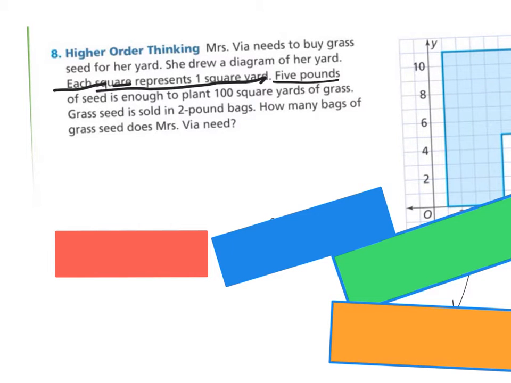Five pounds of seed is enough to plant 100 square yards of grass. Grass seed is sold in 2-pound bags. How many bags of grass seed does Mrs. Villa need? Alright, so this is obviously going to take us more than one step in order to figure this out.